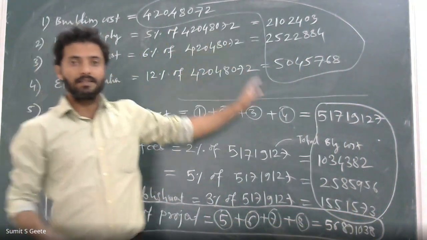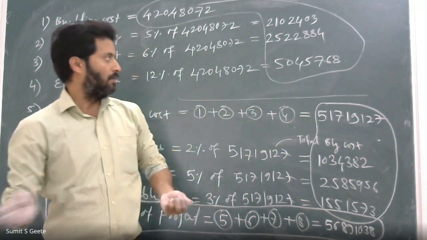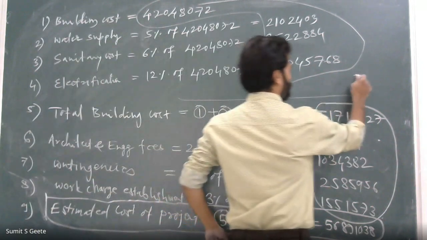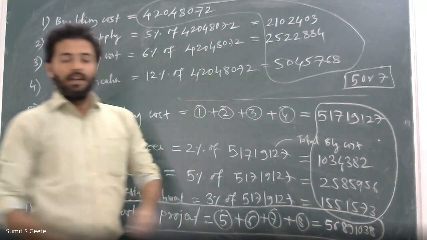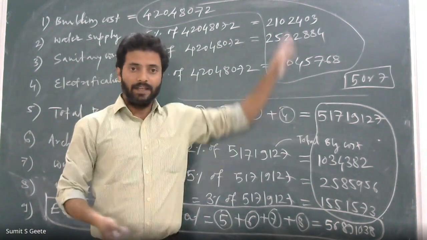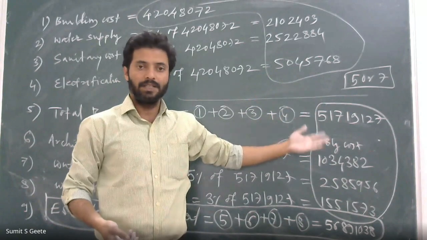Generally, this kind of question is asked for 5 or 7 marks, and this is very easy to calculate, just algebraic sum and percentage and other things.